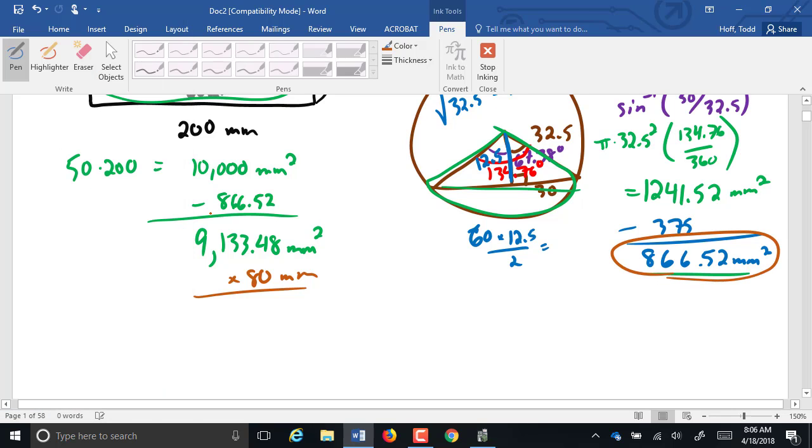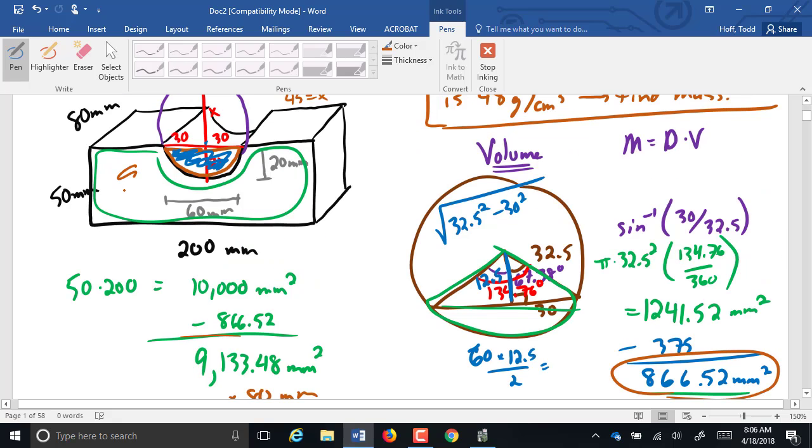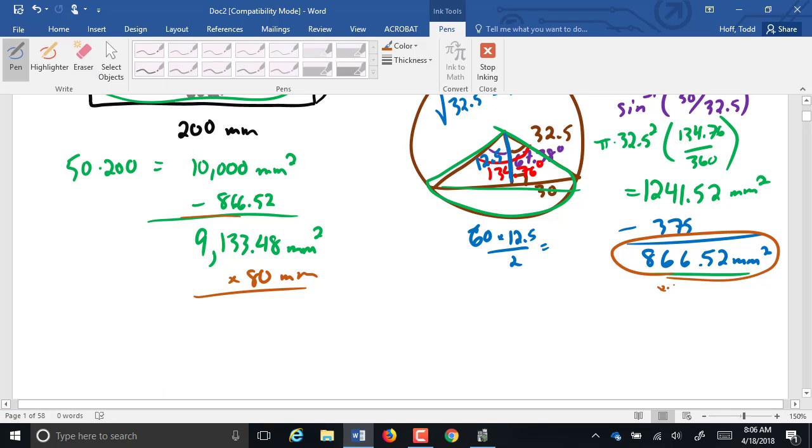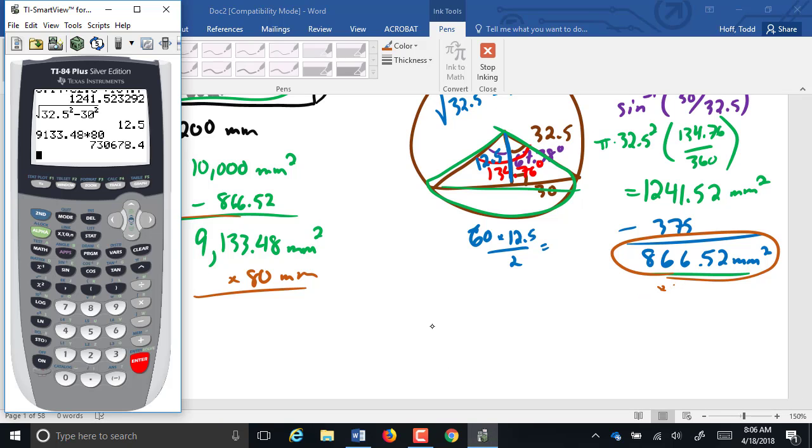So you got to subtract that from the area to get the area of the surface. Once you have the area of that surface, then you multiply it by the 80 to get the volume. And you could have taken this times 80 to make it a volume if you wanted to and subtracted that. You get 730,678.4.